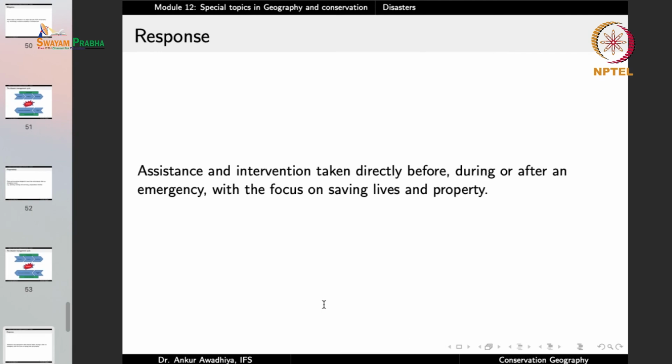Then once you have the disaster, you have to do an assessment and response. Response is assistance and intervention taken directly before, during, or after an emergency with the focus on saving lives and property. So it is assistance, that is help, and intervention that are taken directly before, during, or after an emergency. When we say directly before, it means that we are trying to bring in tents, stock food supply, or evacuate people, because we know that say a cyclone is just going to arrive.